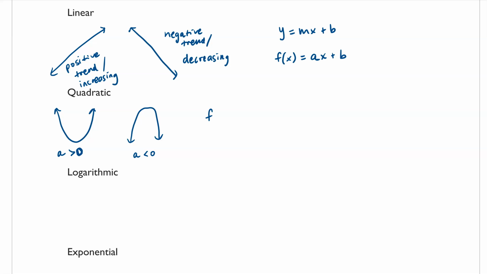And remember that the standard form of a quadratic function is f of x equals ax squared plus bx plus c. So again, those are the two types of quadratics that we will see when we are modeling, and it either faces upwards if a is positive, and it will face downwards if a is negative.